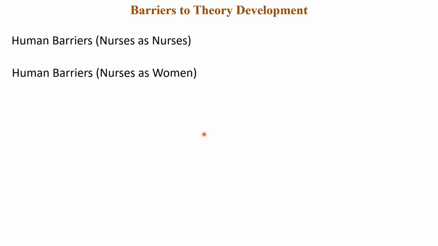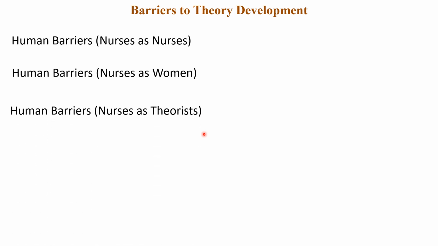Human barriers. Nurses as women. In the past, theory development had sex role stereotyping. Women were less vocal in confronting their intellectual claims. There was a myth that women are unable to think theoretically and to develop theories. That myth nowadays is moving away.